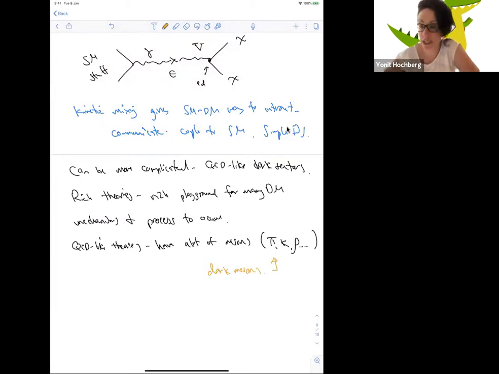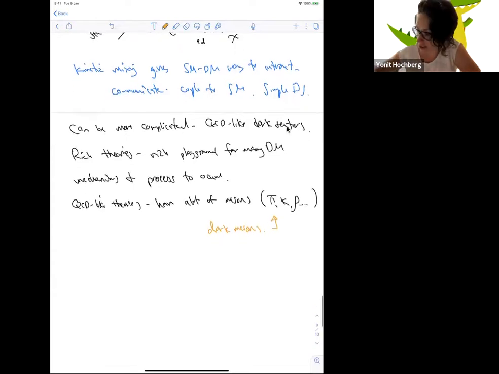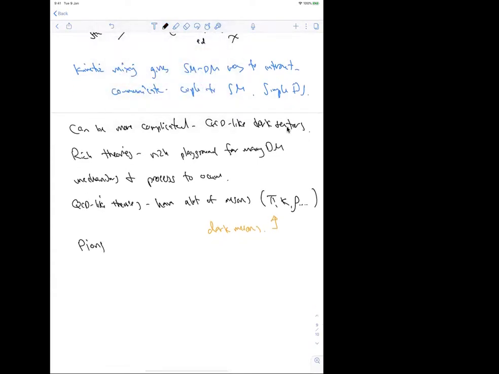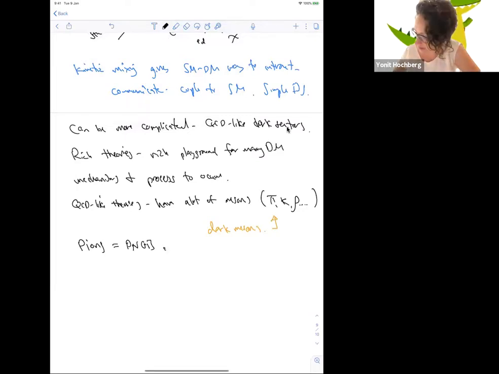And we're going to be able to do really interesting stuff with this. And in particular, as I'm going to show you, the dark pions, which are just the pseudo-Nambu-Goldstone bosons of the theory, can play the role of dark matter.